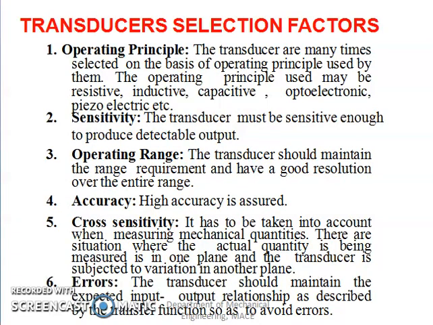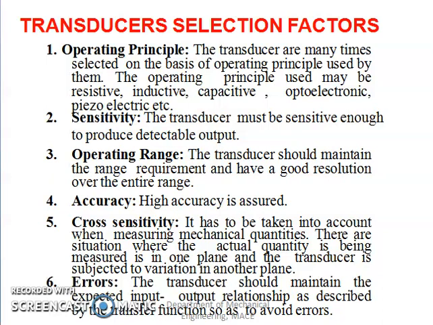Different types of transducers are available, and according to the area of application we select the correct transducer, and these are the various selection factors that are considered for selecting the correct transducer. First one is operating principle.